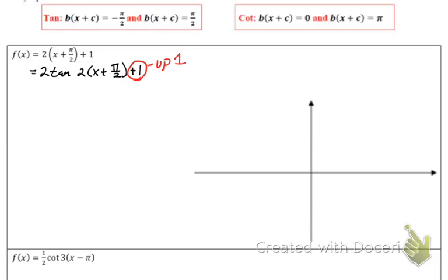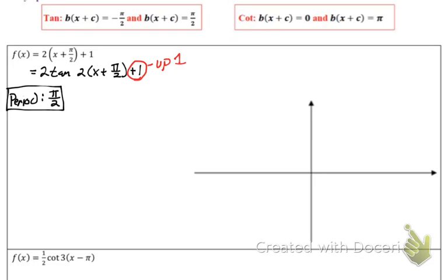Because in the homework it'll ask for your period. Remember your period is pi over b, so this period would be pi over 2. But we're not going to concern ourselves too much with the period. I'm going to write it down just because I believe the homework asks for it. So our period for this one is going to be pi over 2 instead of 2 pi over 2. But we're not going to plot any of that on there. I'm not going to do pi over 2. I'm not going to do any of that.